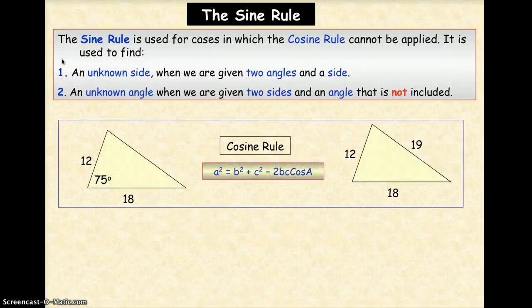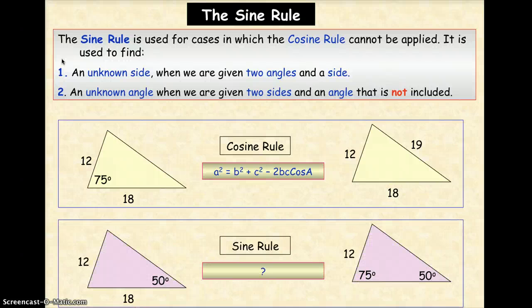First, we're going to go over the past lesson, which is the cosine rule, and when to use it. Remember that you use the cosine rule when you are given two sides and the included angle. Included angle means that the angle is between the two sides given.